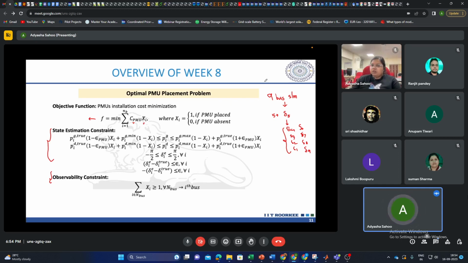If you get the answer as 1 PMU, but you cannot get the values of deltas at other buses, then it is equivalent to not having a PMU in the system, because you can't monitor the whole system. So we obviously want to minimize the number of PMUs installed, but using that minimum number of PMUs, we must also be able to calculate the system states at all other buses. So is this clear?